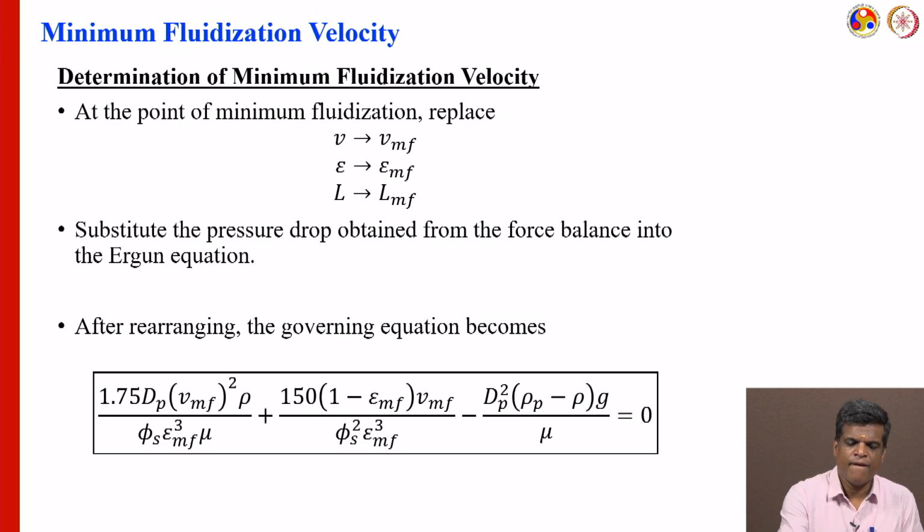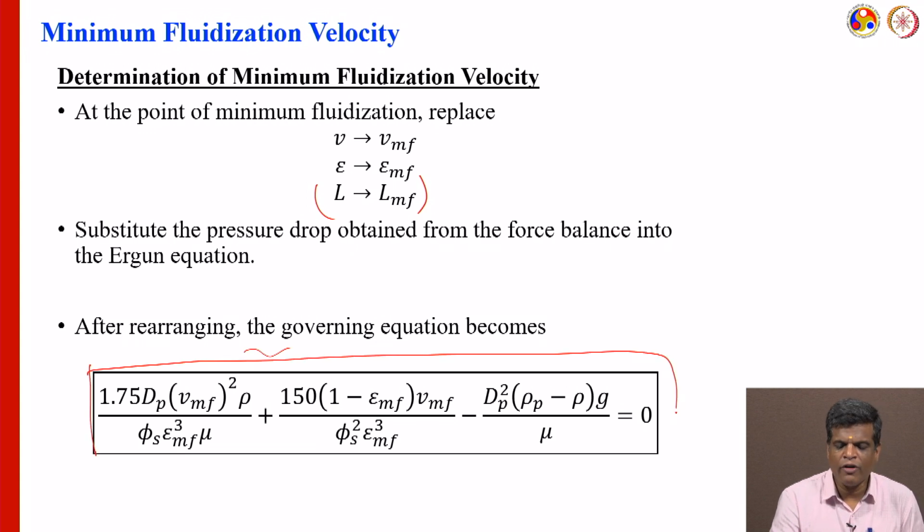Then L also we have to write as LMF. So we substitute all this, then the pressure drop, and we can rearrange the equation. This is the final one, using this equation for fluidization velocity.